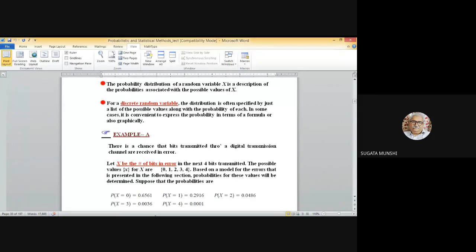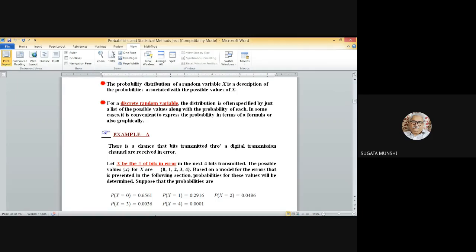So there can be 0 bits in error, there can be 1 bit in error, 3 bits in error, or all 4 bits in error. I am not considering which bits are in error, but merely the number of bits in error. That is also important.